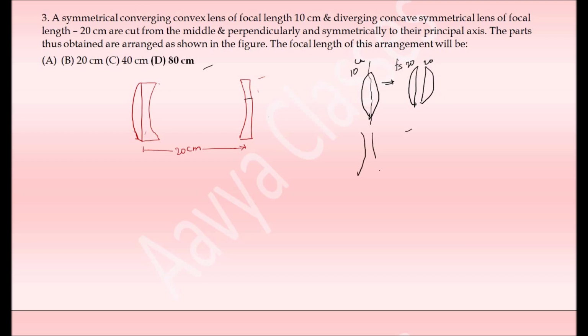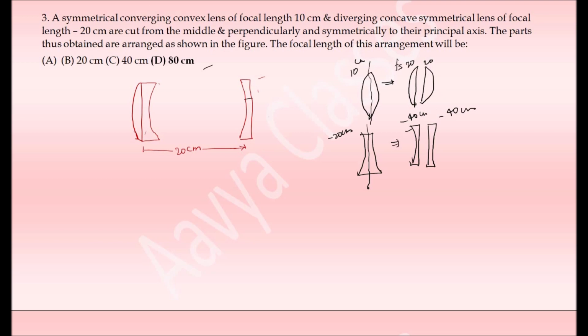It is also given that a symmetrical diverging lens has focal length minus 20 centimeters. If we cut this lens along the optical axis, we get two symmetrical diverging lenses, and the focal length of each part will be minus 40 centimeters.